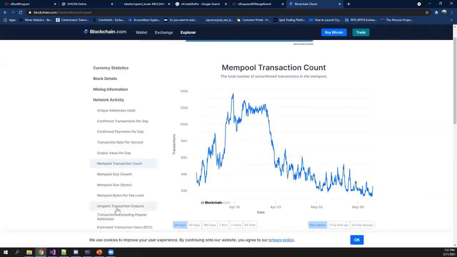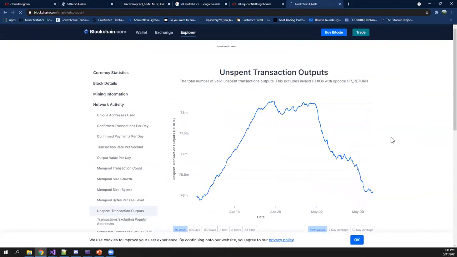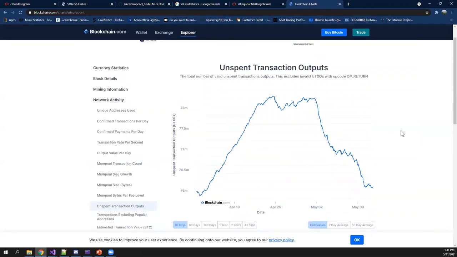Unspent transaction outputs, this is your UTXOs. How many UTXOs are there on the blockchain? Right now, there's 76 million unspent transactions, so 76 million different pieces of Bitcoin that are available to be sent somewhere else.